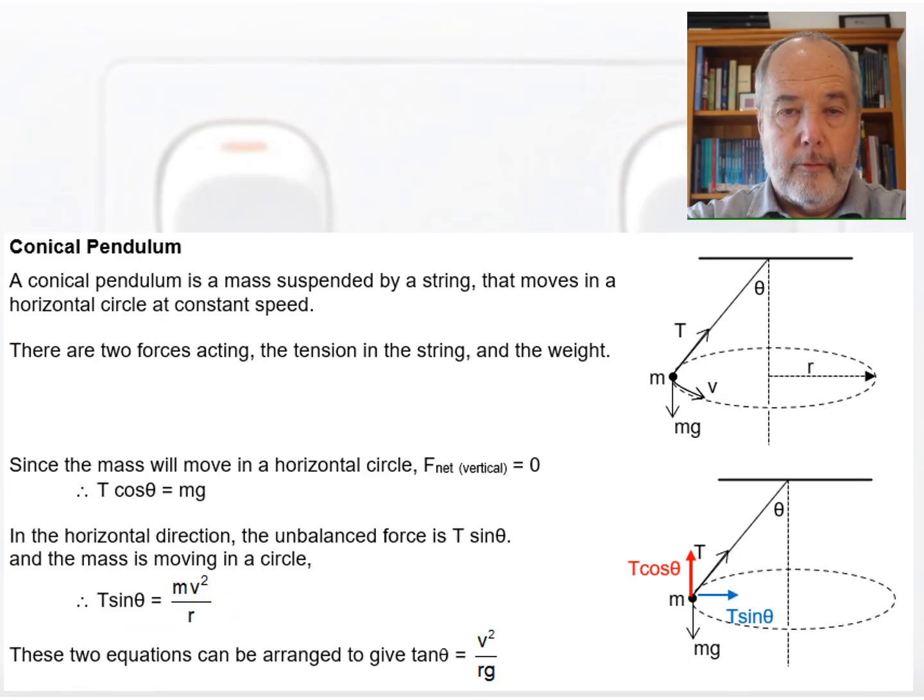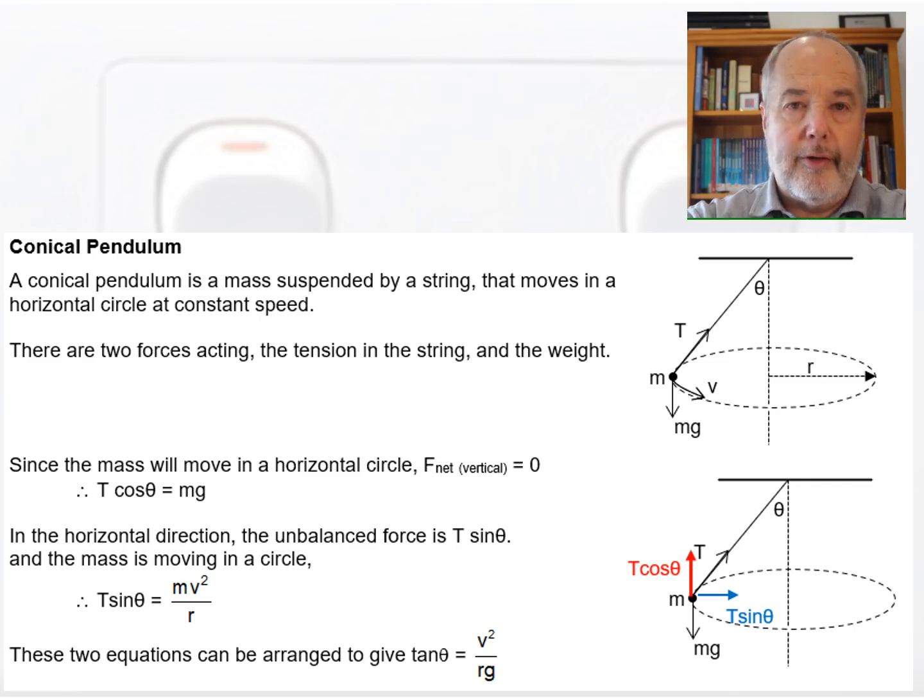Conical pendulums. When we look at the force diagram for a conical pendulum, it is going to give rise to a net force being radially inwards. So we are going to resolve the tension into a vertical component and into a horizontal component.